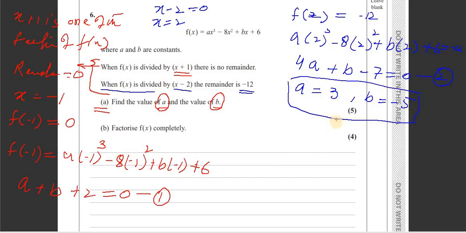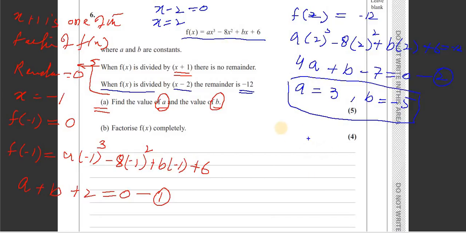Okay, part B, factorize f of x completely. In order to factorize f of x completely, I have values of a and b. So now I can rewrite our given function with the given values.